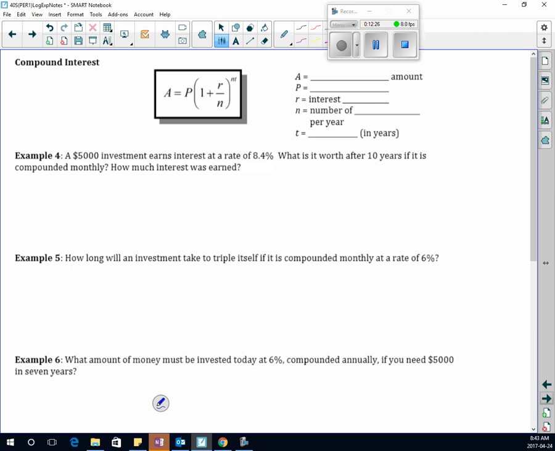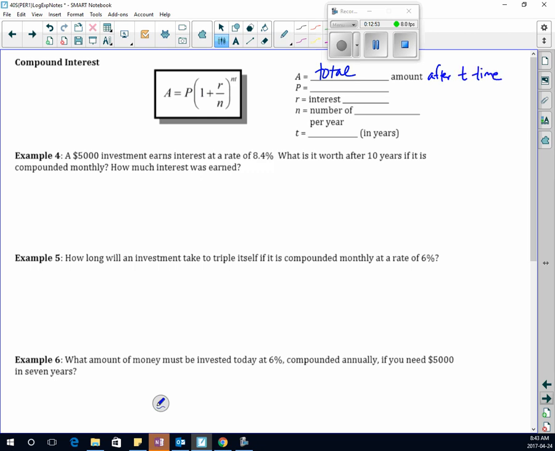Okay, compound interest. We learned this in grade 12, grade 11 essentials actually. However, we don't do the log stuff to solve for t. So A is the total amount after t time.